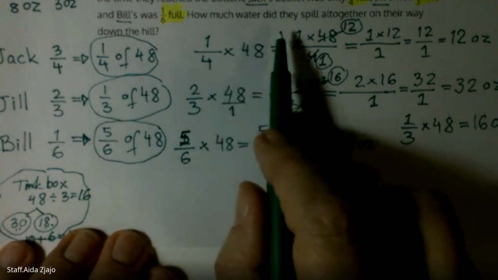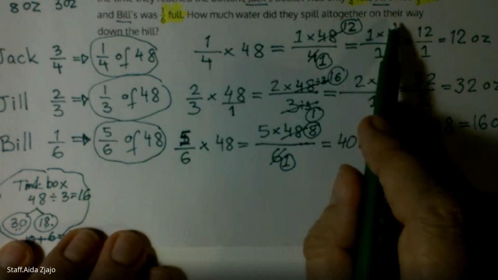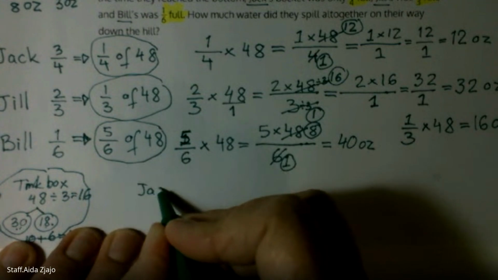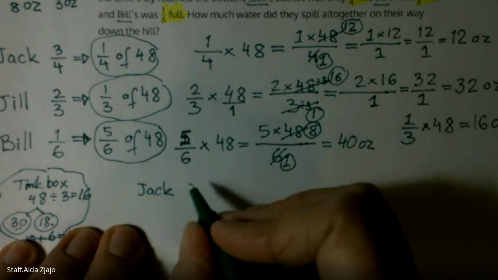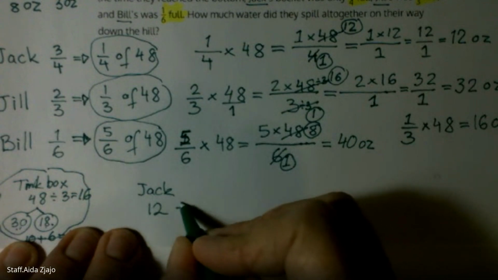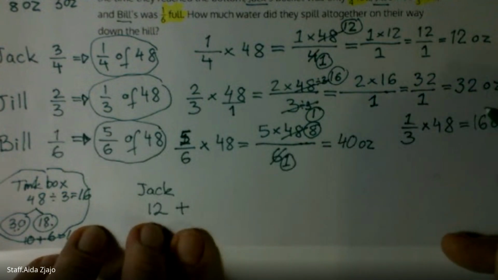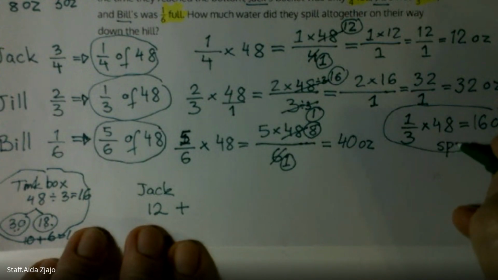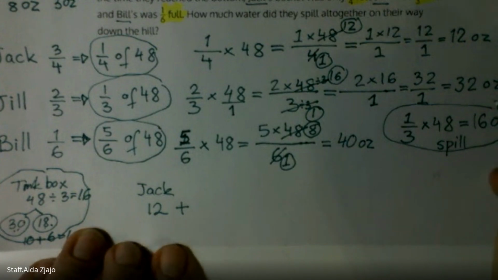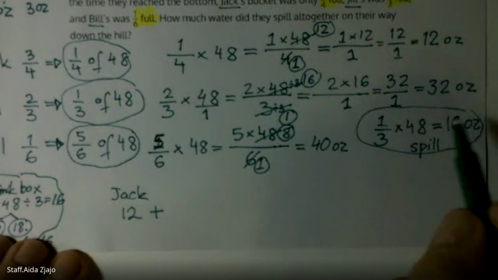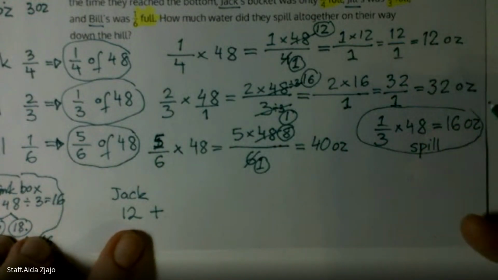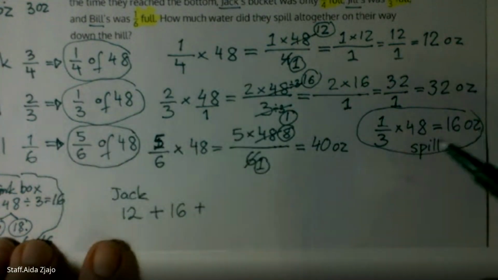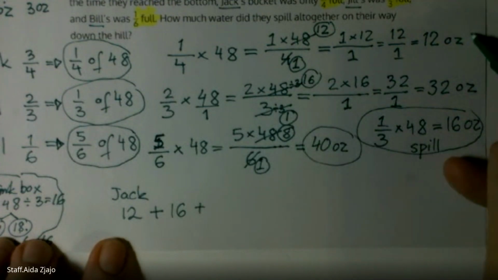And now, how much water did they spill all together on the way? So now Jack spilled 12 ounces, plus Jill spilled, remember this is a spill, that I made a mistake on, and then this is what I figured out. So he did 12, she did 16, and then Bill did 40 ounces.